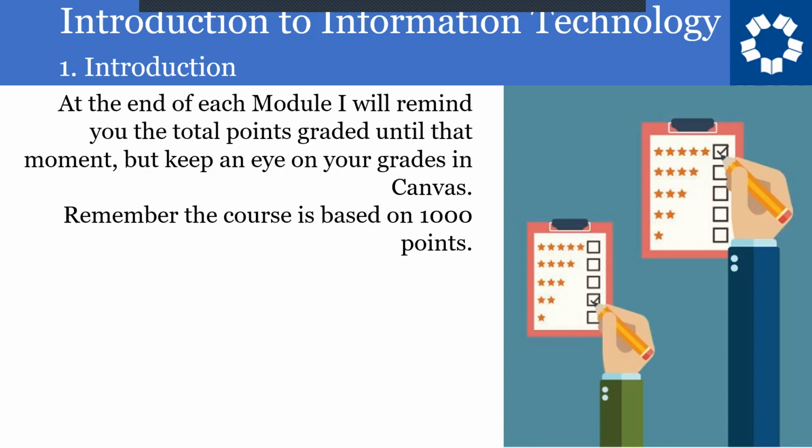At the end of each module, I will remind you the total points graded until that moment, but keep an eye on your grades, on the total grade in Canvas, and remember that this course is based on 1,000 points.